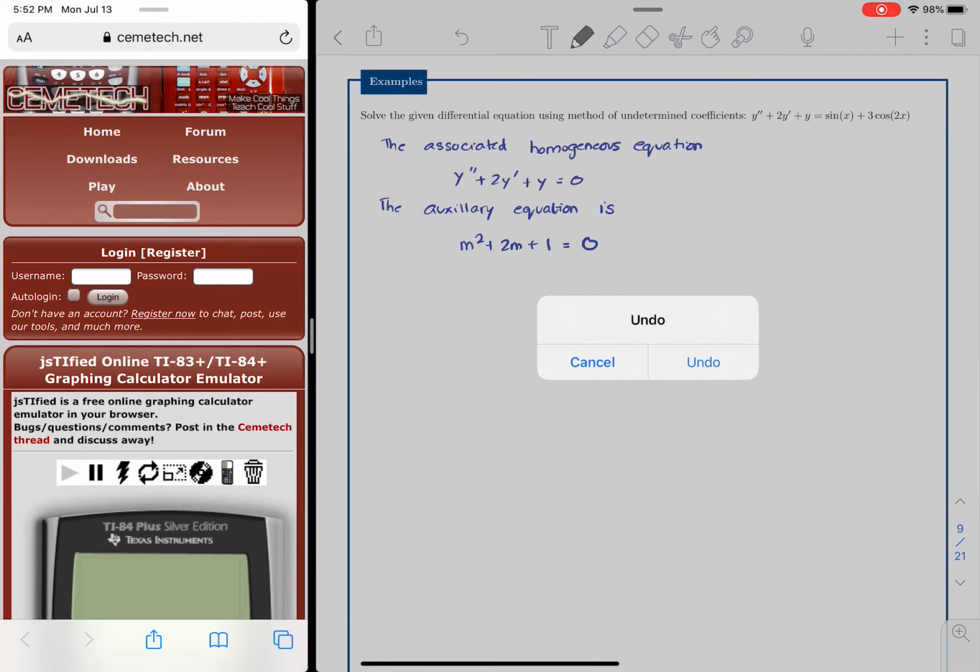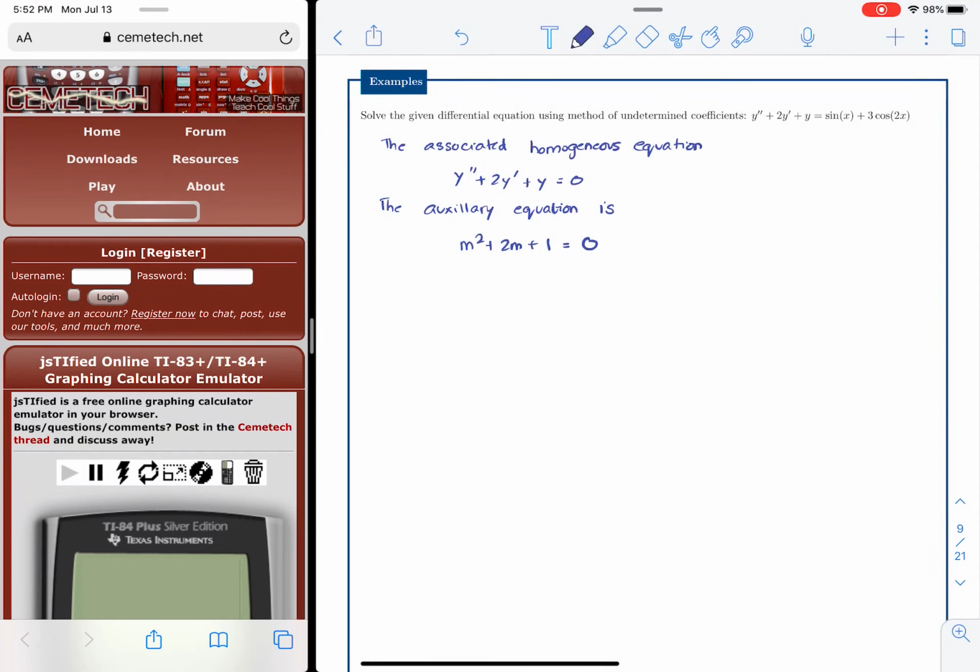We can find the roots using the quadratic formula, or we could use factoring. And in this case, it is easy to see that m plus 1 times m plus 1 will result in that auxiliary equation. This would imply m1 equals m2 equals minus 1.